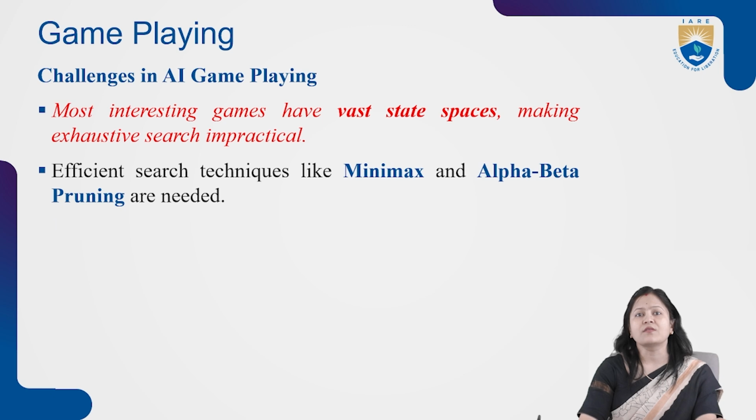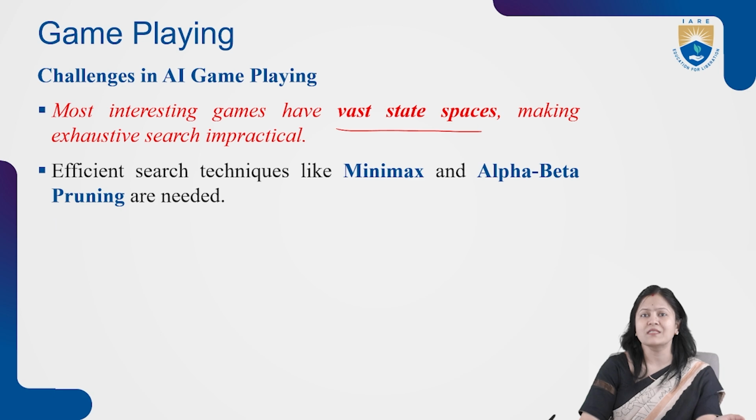Most of the interesting games have a vast search space, which we did not face in our normal search algorithms, whether uninformed, heuristic or exhaustive search. In game playing, because the same actions are repeated multiple times, it requires more space and the space would be very vast.